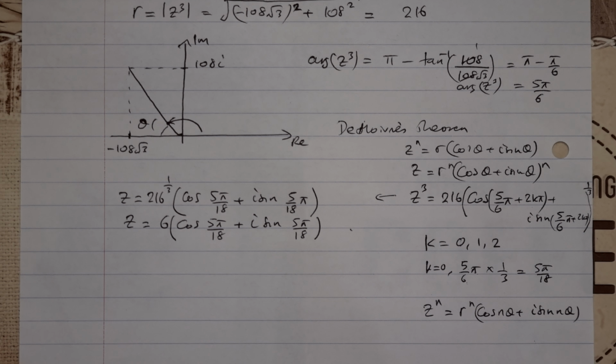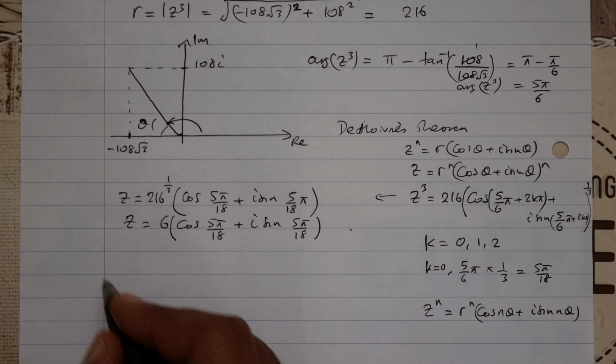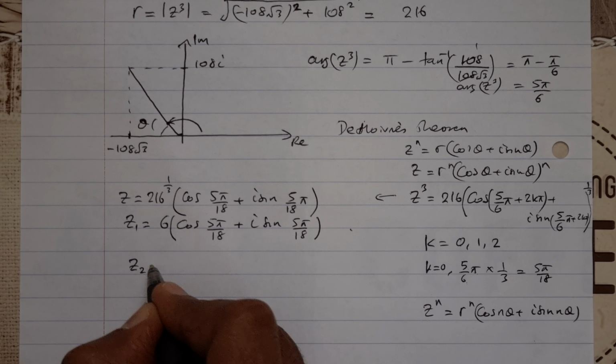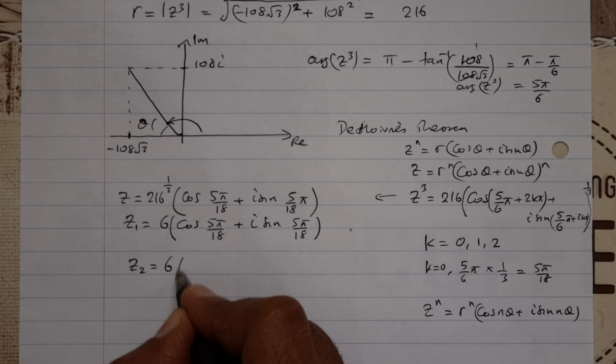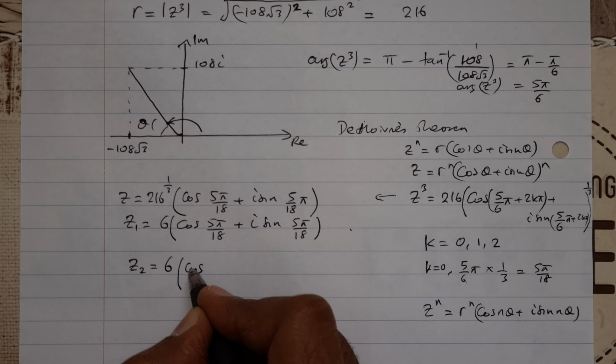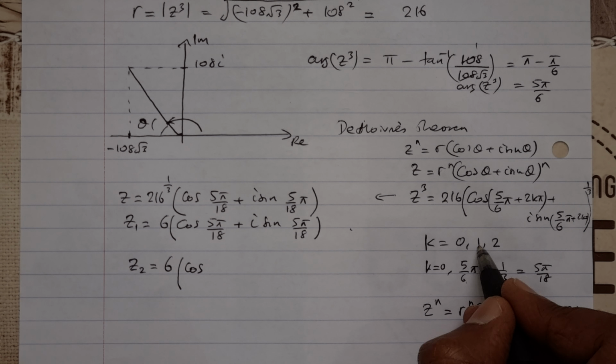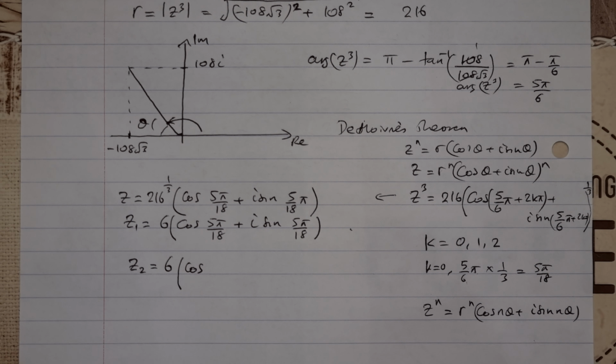What about my second angle? I'm going to say this is Z1, and my second complex number Z2 is going to be equal to 6 into cos of the angle when k is equal to 1.